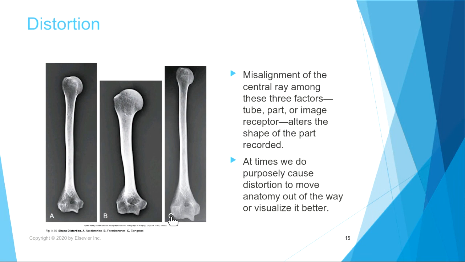And then picture C is elongated. So these are all three the same exact part, but they have shown you no distortion, and then they've shown you two examples of shape distortion, foreshortening and elongation, making the part appear longer than it really is and shorter than it really is compared to true to size.